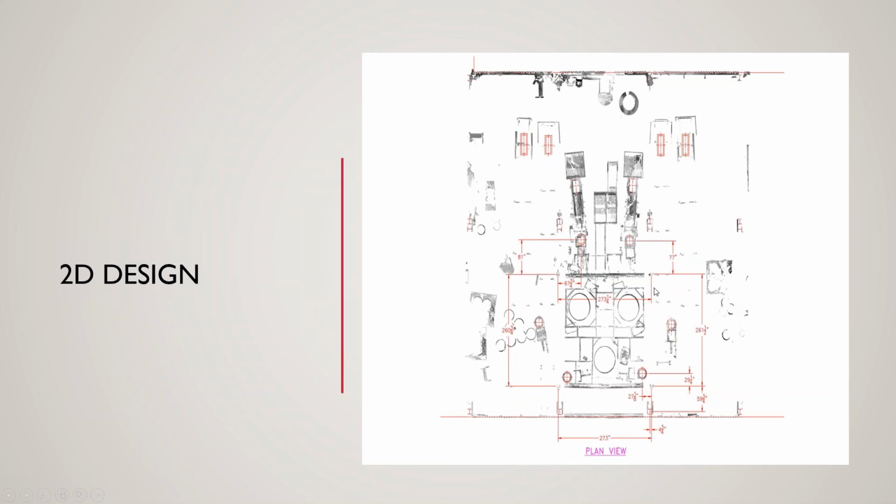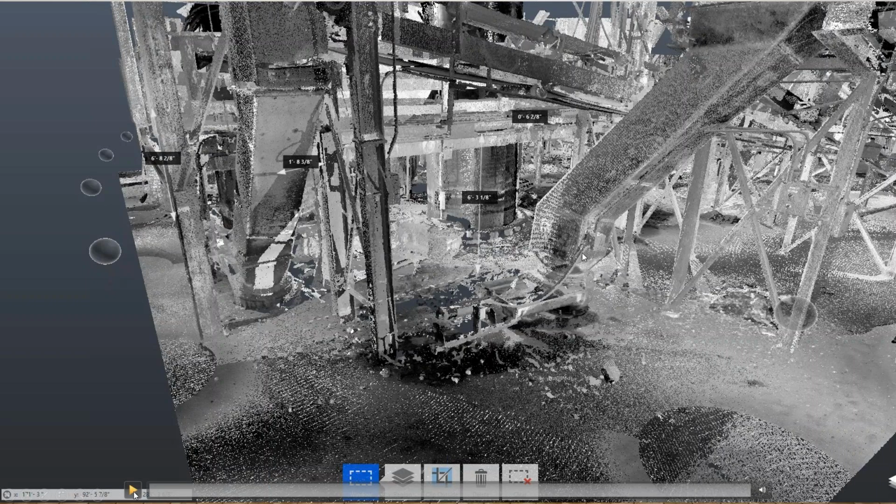It doesn't require any 3D modeling, and I'm able to use different coordinate systems in AutoCAD so that I can use elevation or plan views. All right, so I'm going to just let this go forward.